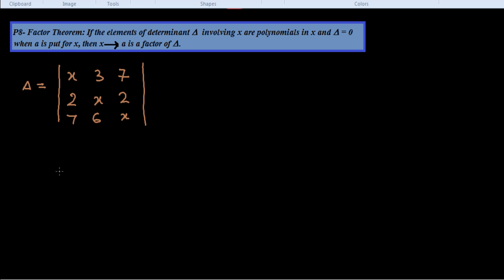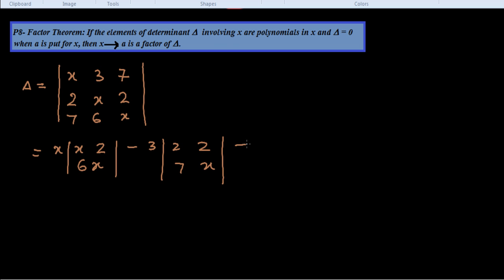Now we expand this with the first row: x times the determinant x, 2, 6, x, minus 3 times the determinant 2, 2, 7, x, plus 7 times the determinant 2, x, 7, 6.